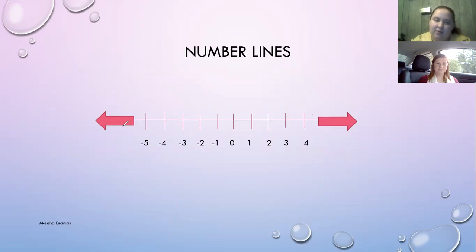Anything to the left is going to be negative. And that goes for when you're moving on number lines. So if you move to the right, positive. Move to the left, negative.